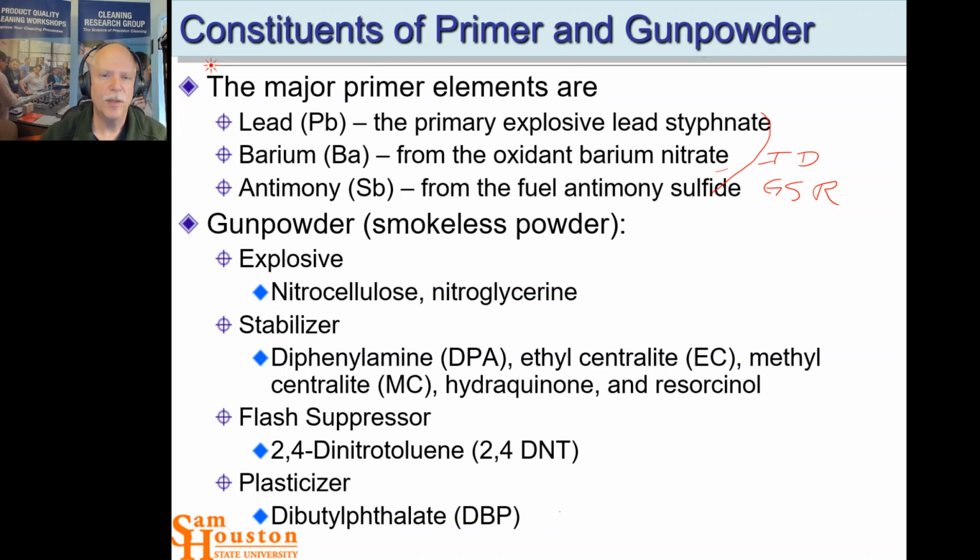So some of these explosive formulations might have a little bit of polymer binder in there just to make sure that they stay together and don't break up into smaller particles. A smaller particle would burn faster, and so if you wanted a repeatable ammunition, you would want to have more of a plastic formulated gunpowder.